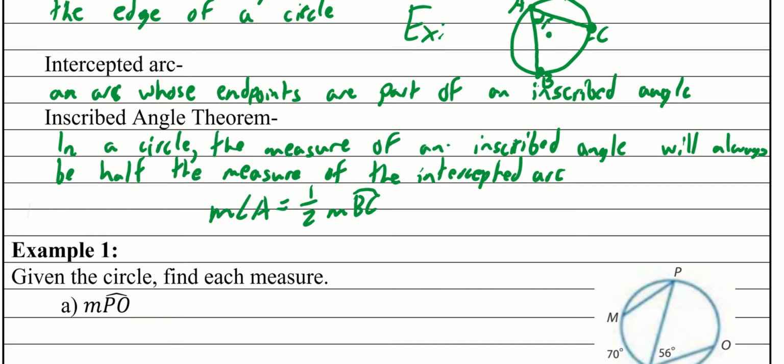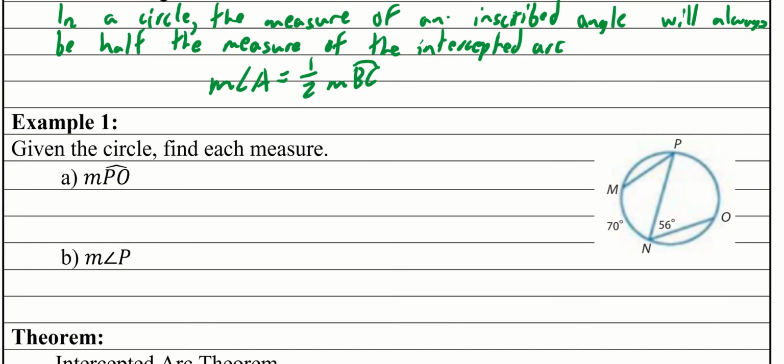Okay, so first off here, example 1, let's say we're given this circle and we want to find each of these measures here. So the first one I want to find is the measure of arc PO here. So I'll go ahead and draw this in. And if we want to find this, we're going to use that theorem that we talked about. We see that the angle that created this arc was 56 degrees.